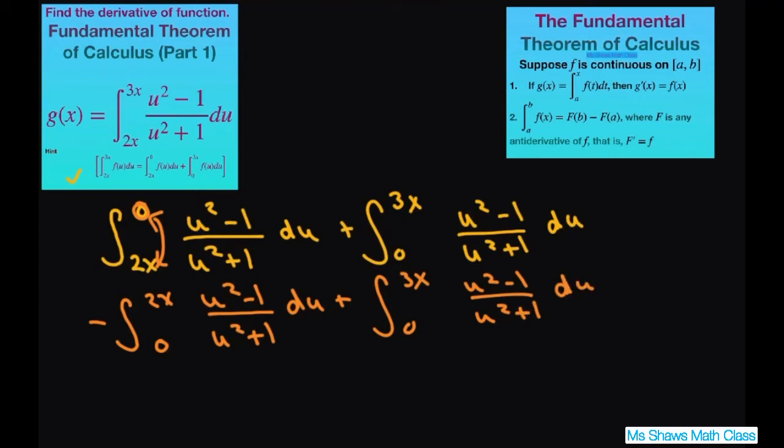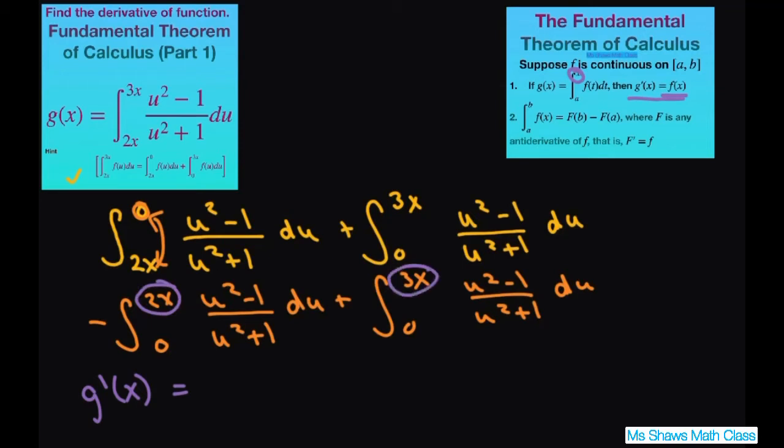All right. Now the next step is to go ahead and take g prime of x. So using our fundamental theorem of calculus, g prime of x is going to equal your f of x, and you're just plugging in the x part. And that just means this upper limit.